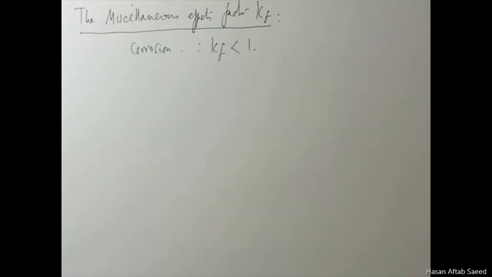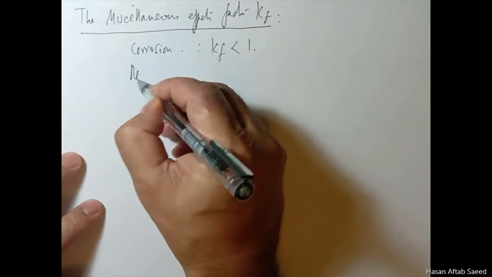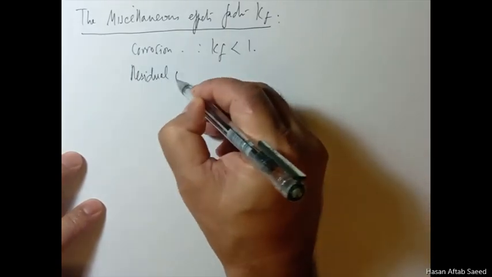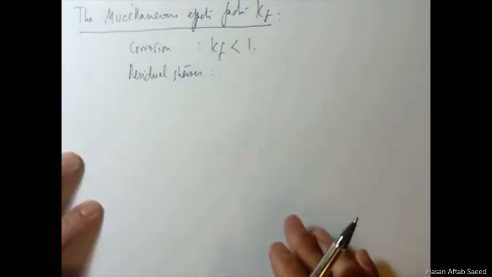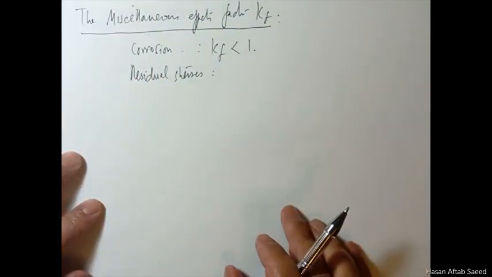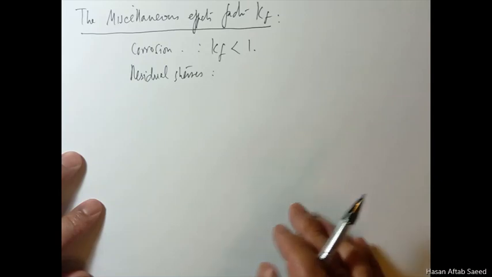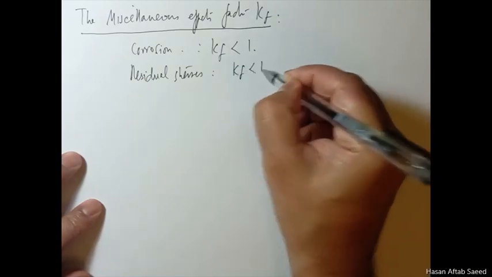There are other factors also. For example, residual stresses. Now, residual stresses can increase or decrease the endurance limit. If they are tensile in nature, they'll decrease the endurance limit, so you'll have KF again less than 1.